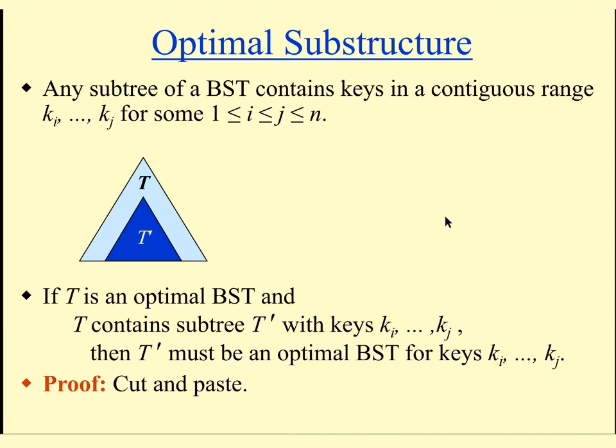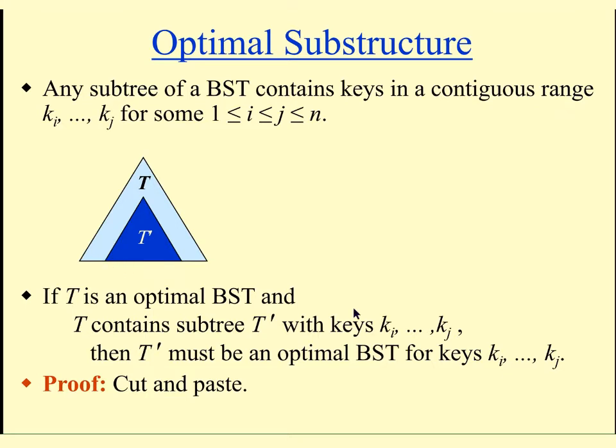All the keys are arranged in a continuous way, because we already sorted them, so this is important. If we have a subtree here, then it will involve a continuous sequence as well.